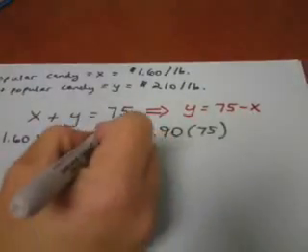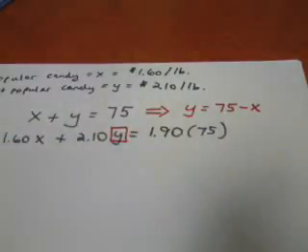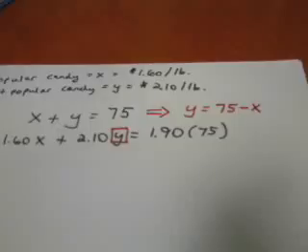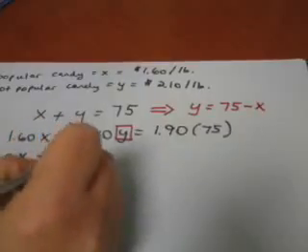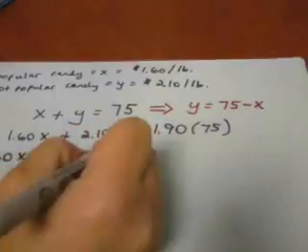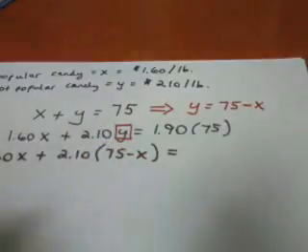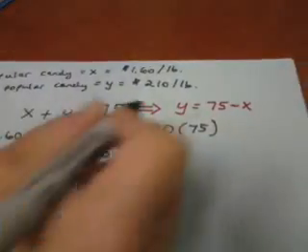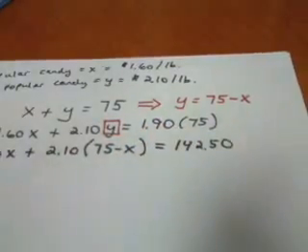Then, where this Y is in the second equation, the one I haven't used yet, I'm going to plug in or substitute 75 minus X. So here's my next step. I get 1.60X plus 2.10, and then in parentheses 75 minus X. Now 1.90 times 75 we can go ahead and simplify, and that will give you 142.50.